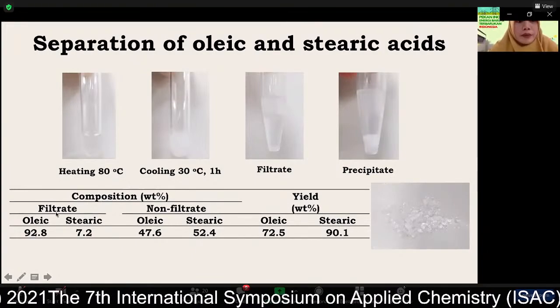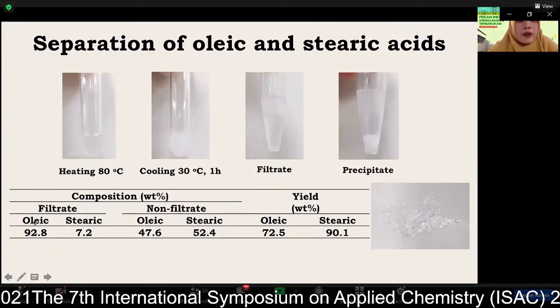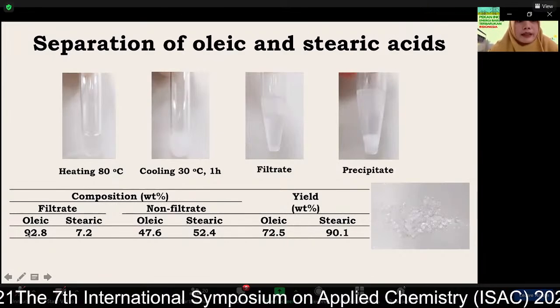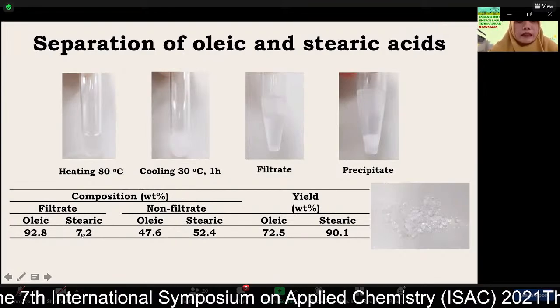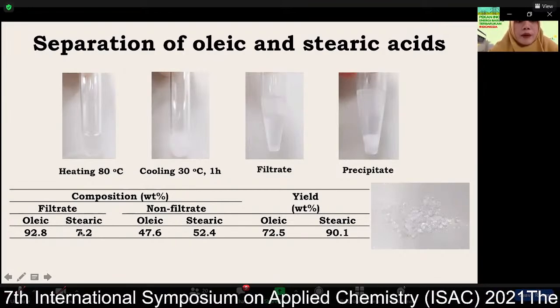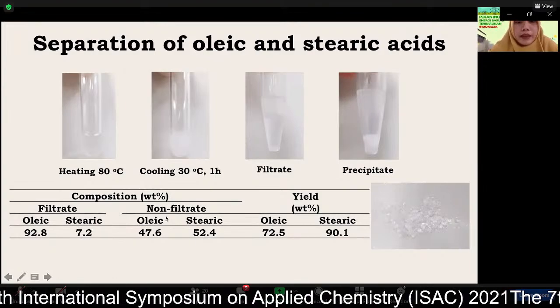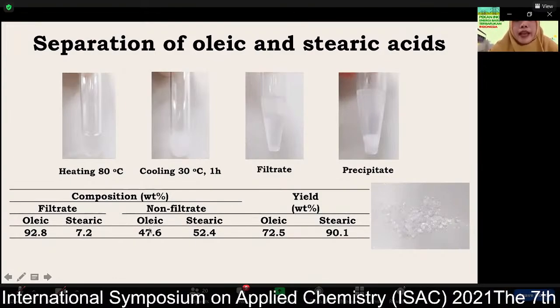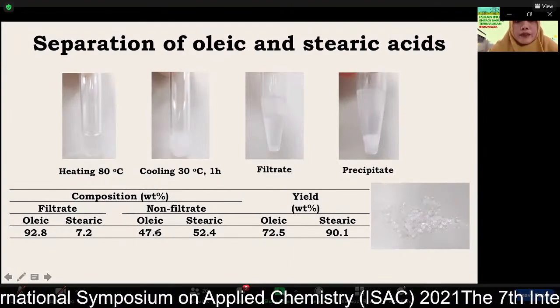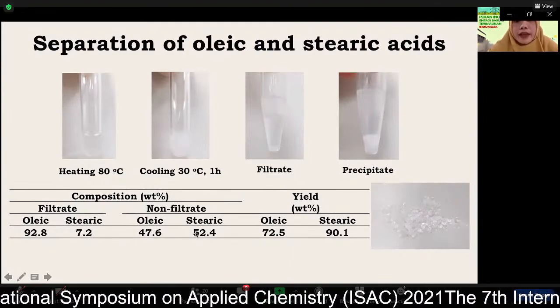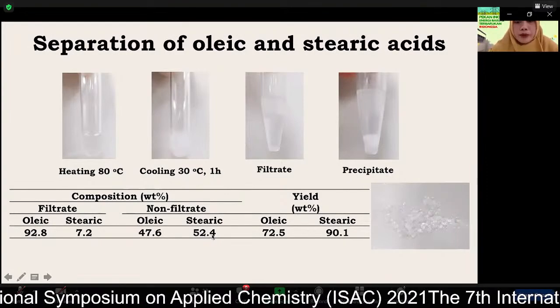And for the composition of the product in the filtrate, the oleic acid was about 93%, and still a small amount of stearic acid was contained. But in the non-filtrate, the oleic acid was still high, about 47.6, and stearic acid 52.4.